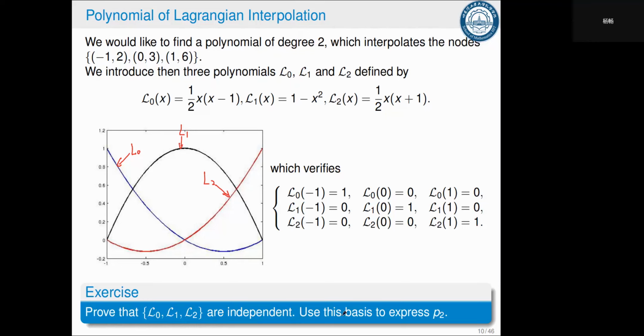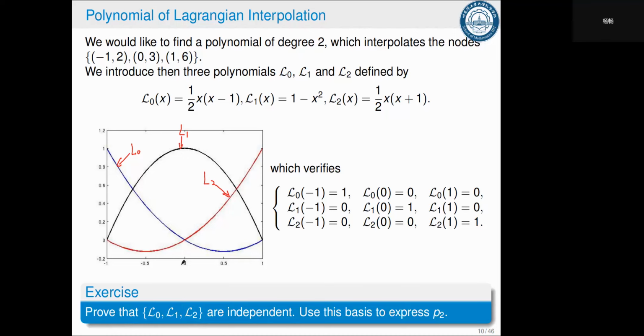Then we will use L0, L1, and L2 as a basis to express the polynomial P2. So here, firstly, I want to prove that L0, L1, and L2 are independent.